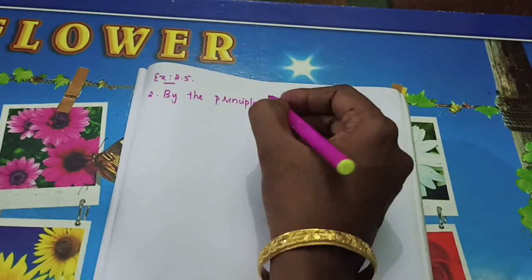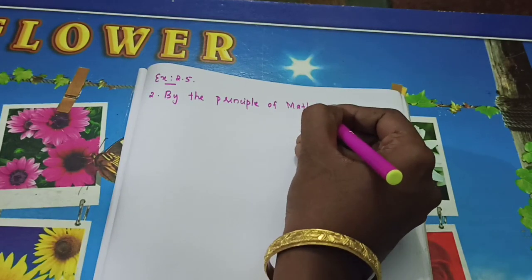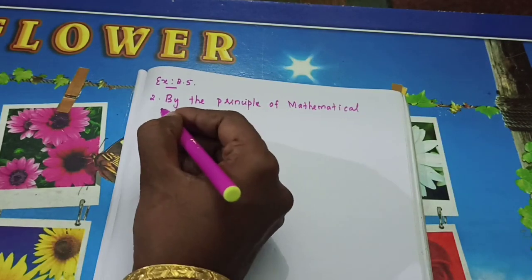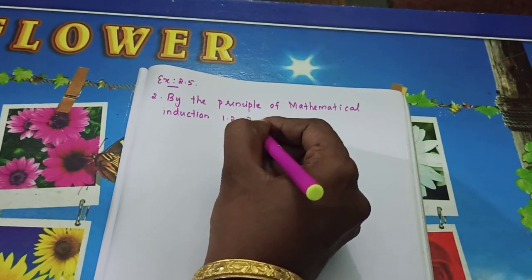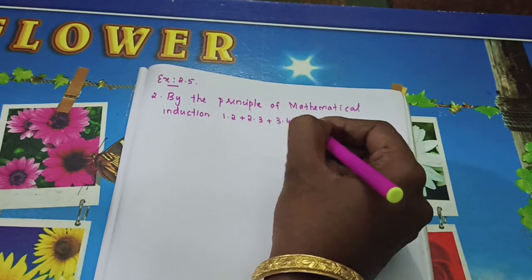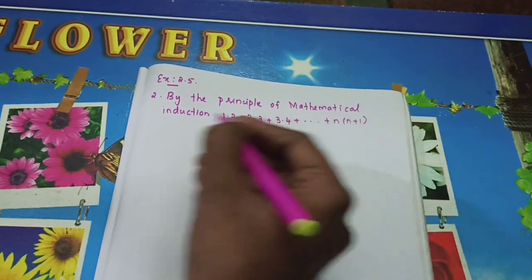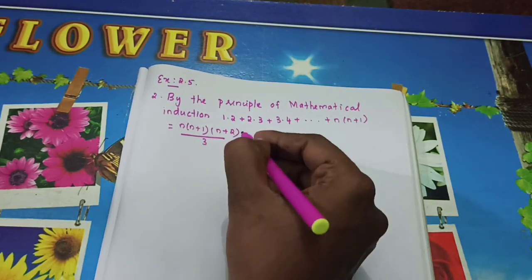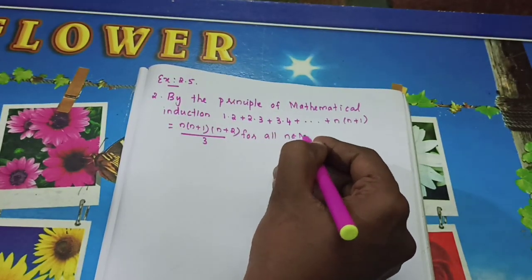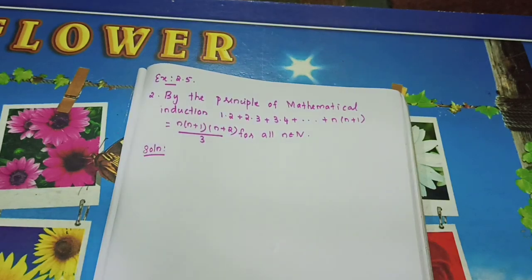By the principle of mathematical induction, 1 into 2 plus 2 into 3 plus 3 into 4 plus etcetera plus n into (n+1) is equal to n(n+1)(n+2) divided by 3, for all n belongs to N.